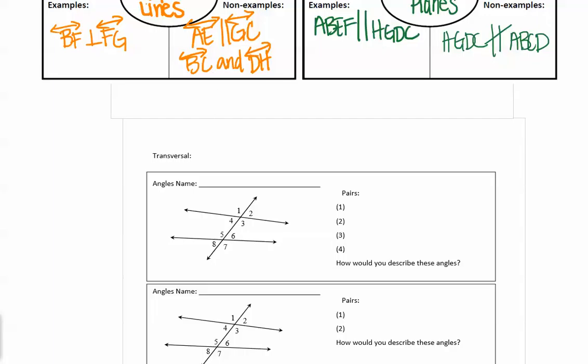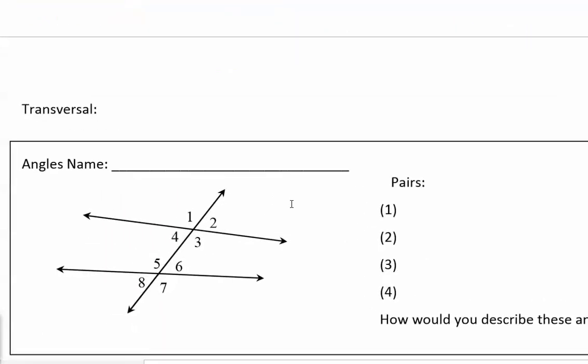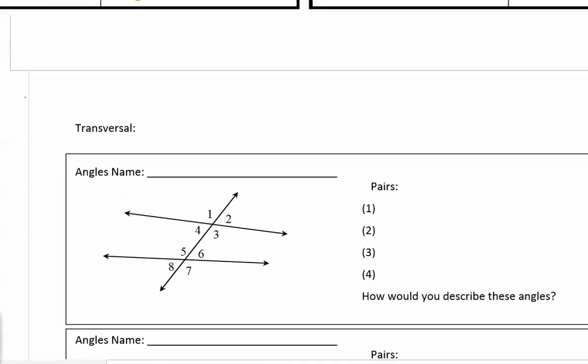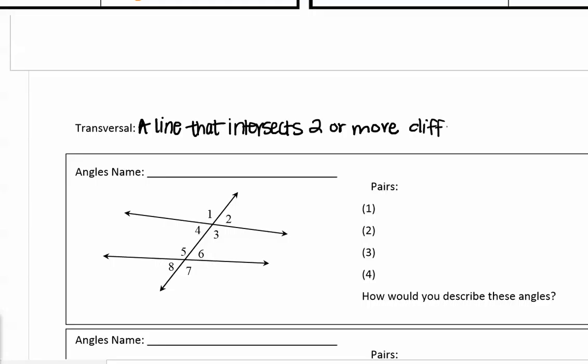All right, so first we have a definition for the word transversal. Okay, so at the top you see transversal. Okay, let's write the definition. A transversal is a line that intersects 2 or more different lines at different points, we'll say.